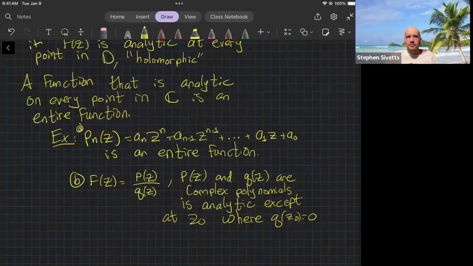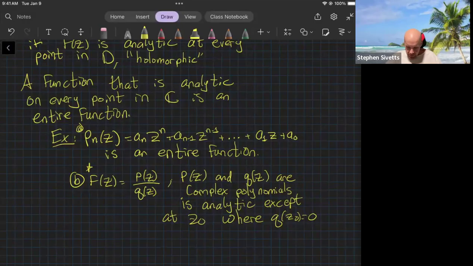It really depends on looking at the domain of your function. Mostly you'll look at rational functions, and we don't want division by 0, 0 plus 0i in this case. So figure out where those points would cause that to happen, and just say that your function is analytic except at those points you found.